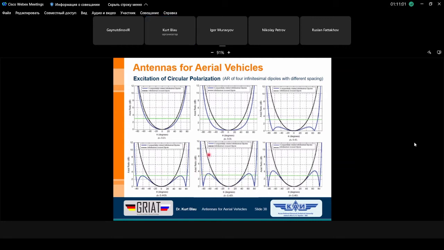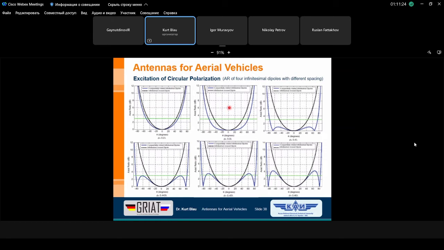Okay, here between 0.2, 0.3, 0.4, in this area, the sensitivity is not so large. But if you come near this value here, you must be very careful with the arrangement of the dipoles. This is very interesting.